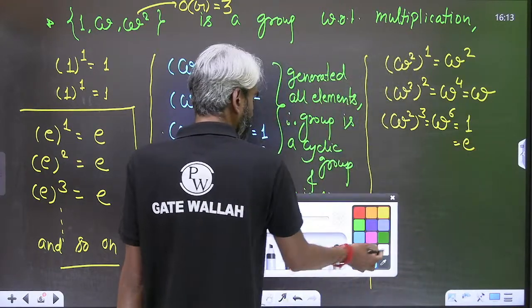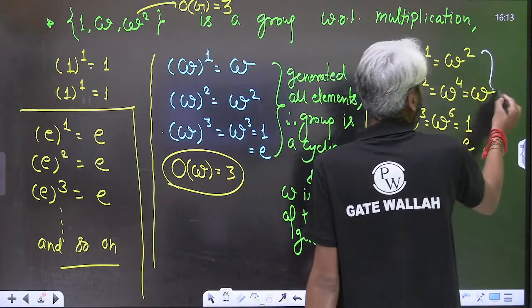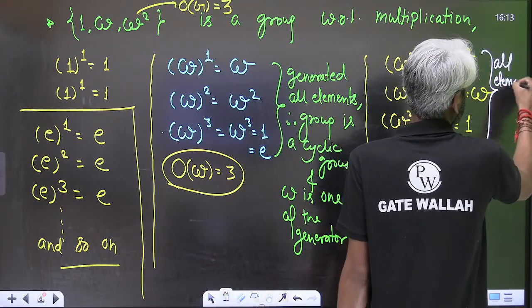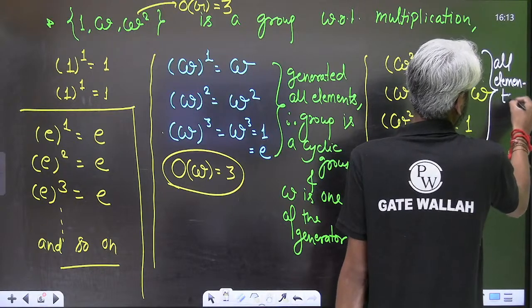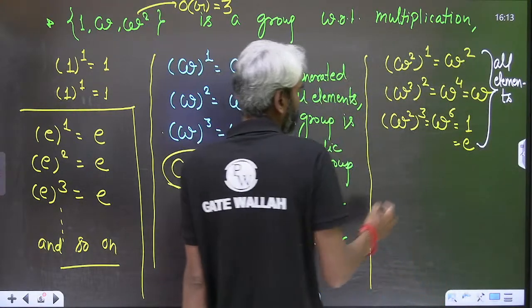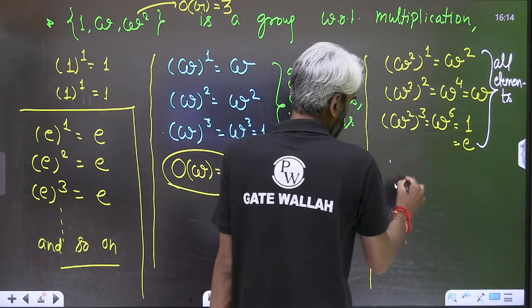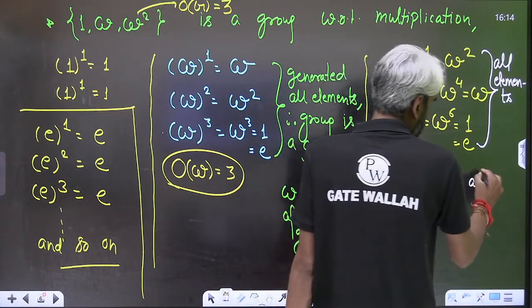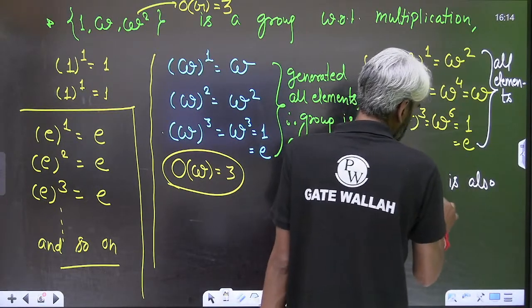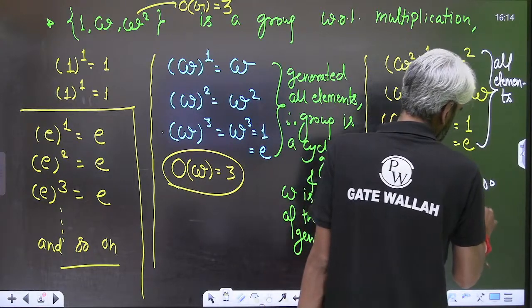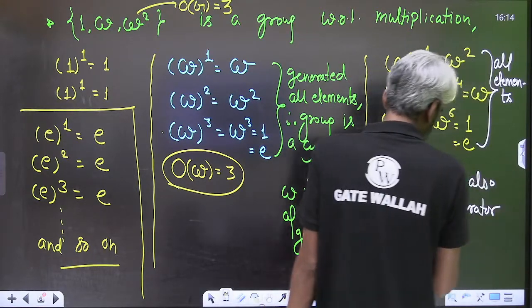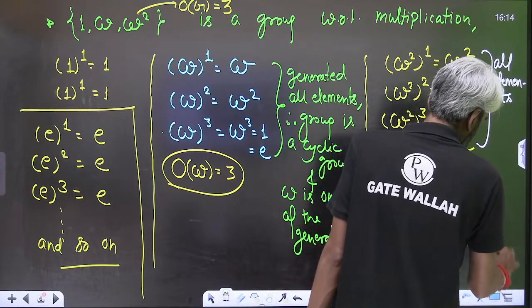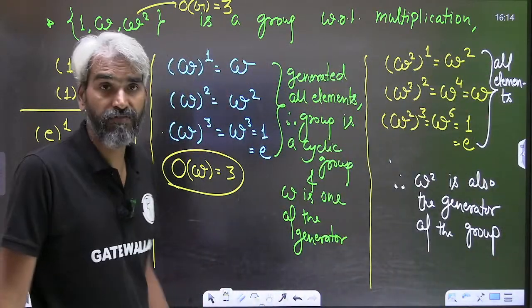Again, all elements are generated. Therefore, omega square is also a generator of the group.